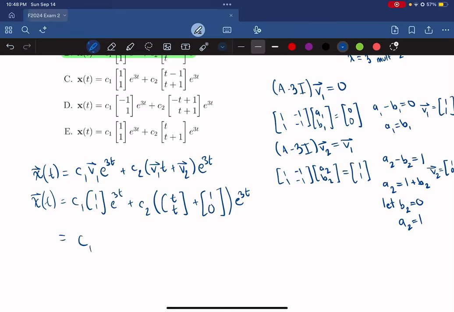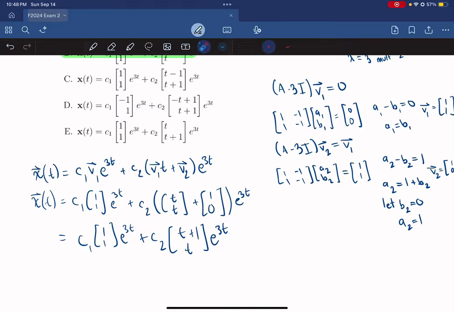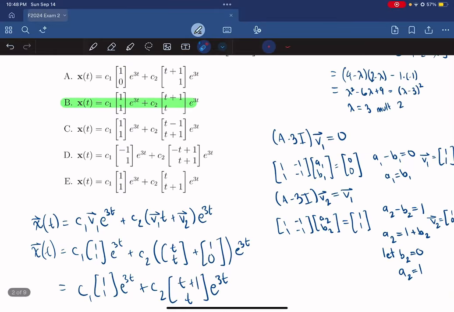And then we can just combine them, plus c2 t plus 1 t e to the 3t. So here, hopefully you saw that all I did was, this was v1 is [1, 1], and then t is just t, so you just multiply it through, so you get t, t. So we were just looking for this in our answer.